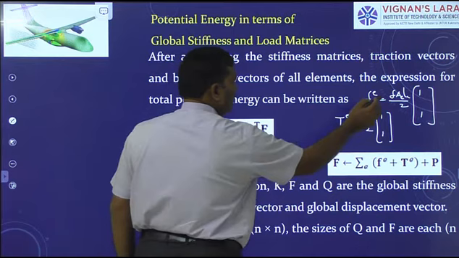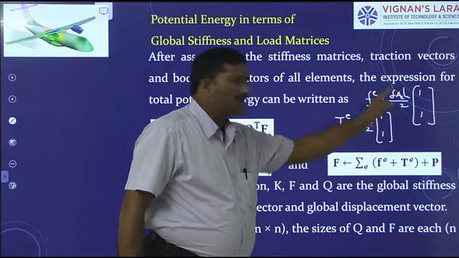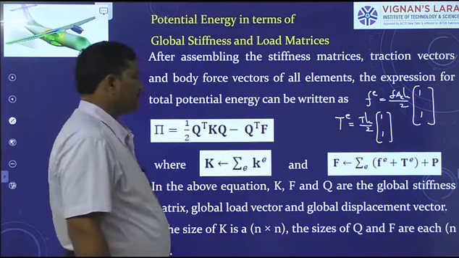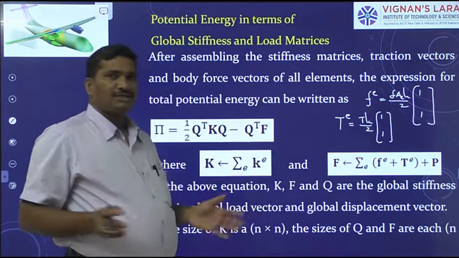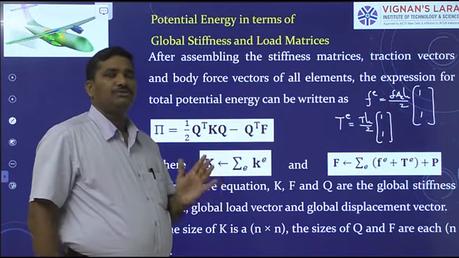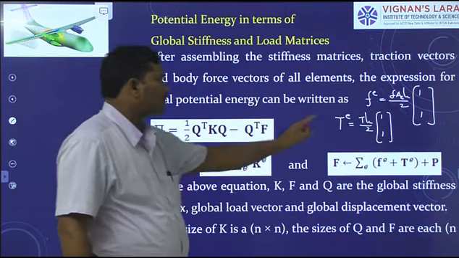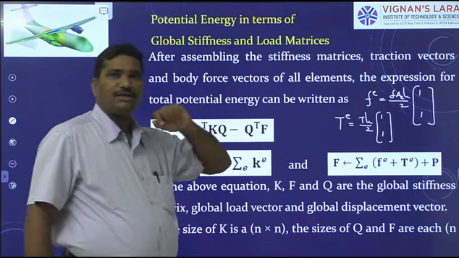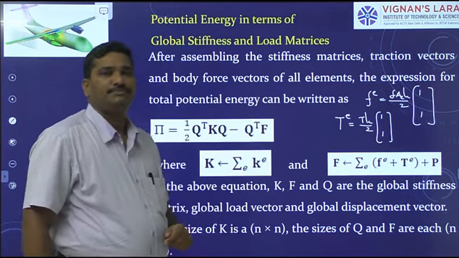Now, what is Ae here? The cross-section area of the element. And what is Le? Length of the element. Now, if you take an elastic solid and discretize it into a finite number of elements, for each element you have to determine the element body force vector and the element traction vector.